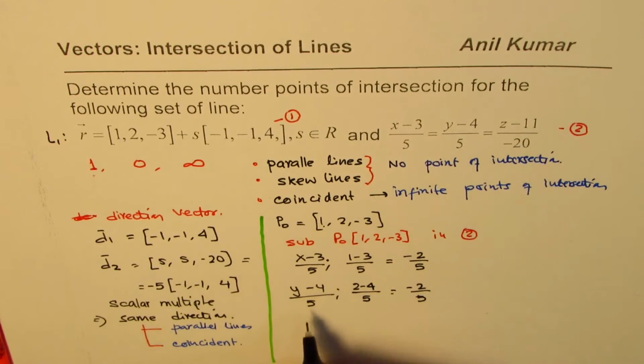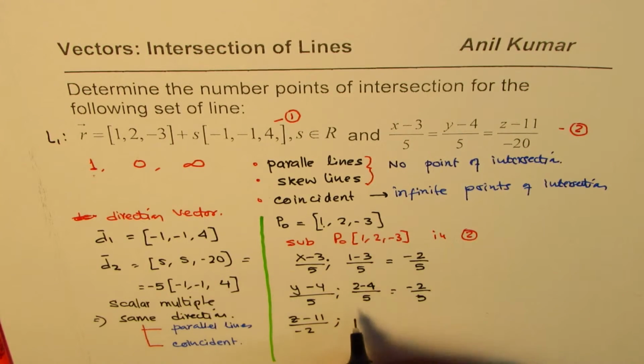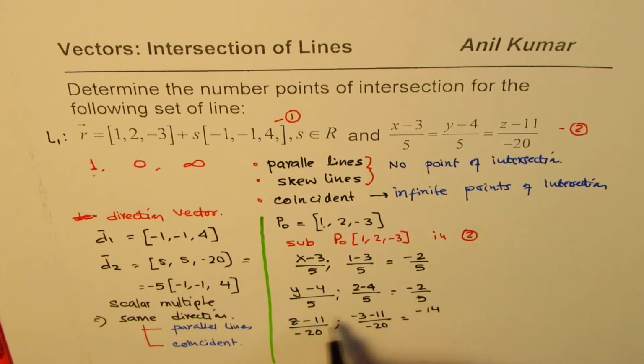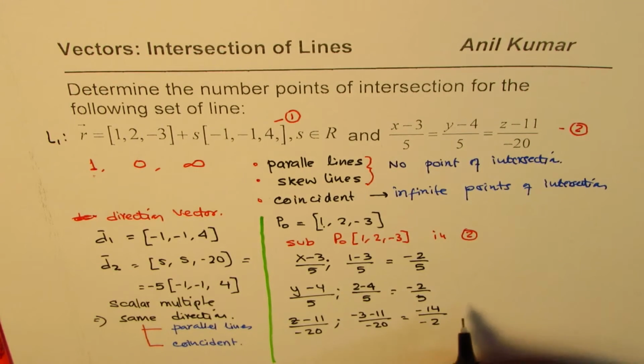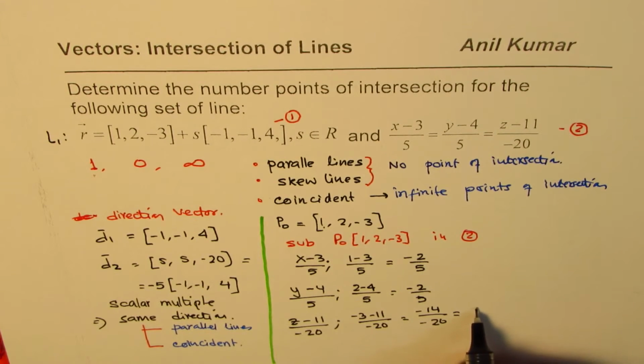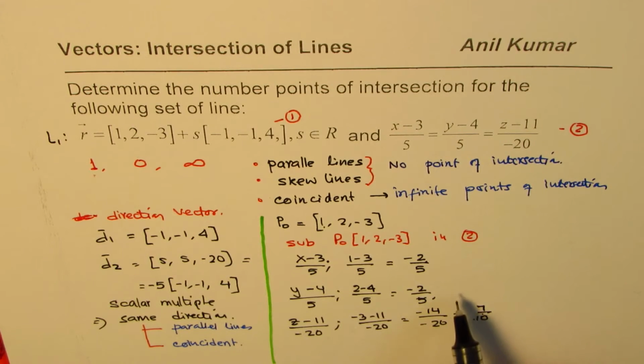And the third part of this symmetric equation is z minus 11 over -20. If I substitute -3, I get -3 minus 11, which is -14, over -20. If I simplify this by dividing by 2, we get 7 over 10, right? So definitely this is not the same as the other two.